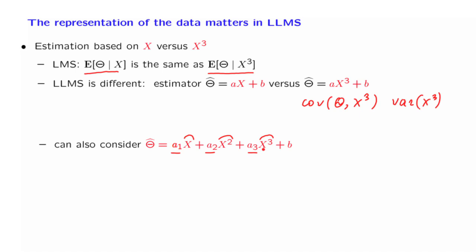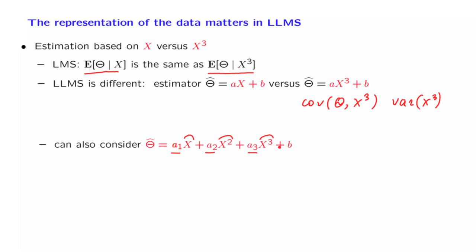So we can still pose a least squares problem in which we try to find the best choices for the coefficients a1, a2 and a3 as well as the coefficient b, find those choices that are going to give us the smallest possible mean squared error. So we can optimize within this class. Within this class of estimators, we certainly have more flexibility.